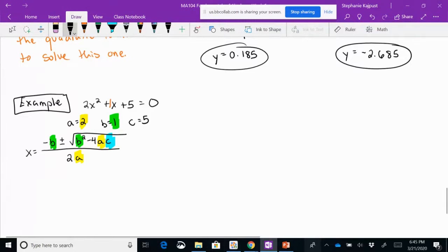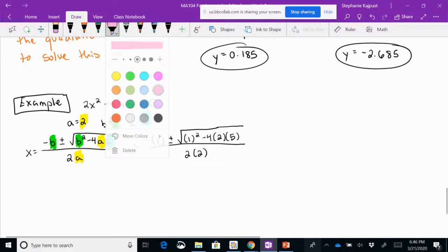So negative parentheses around the b, which is 1, so negative 1, plus or minus square root, so I have 1 squared minus 4 times a, which is 2, and then c, which is 5. And then in our denominator, 2 times a, which is 2. So we have 2 times 2.